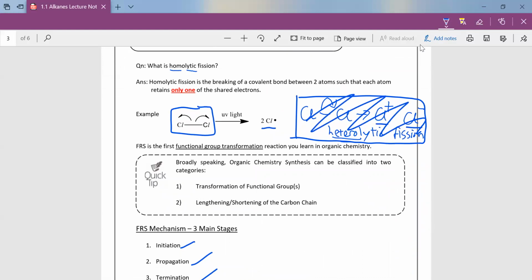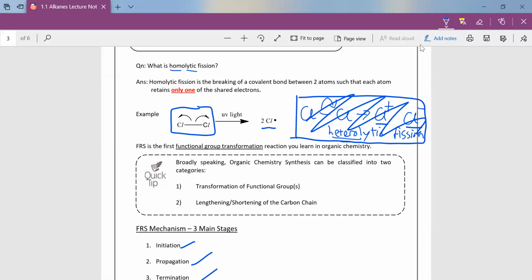Before we go further, this is our first functional group transformation which we are going through. Basically in organic chem, when we do any reaction, our synthesis involves only two categories. Number one, we change the functional group, and number two, we either cut short the carbon chain or lengthen it.